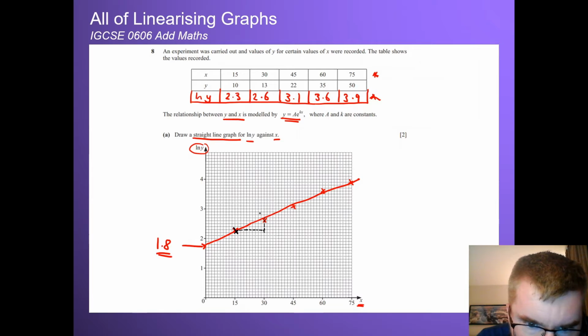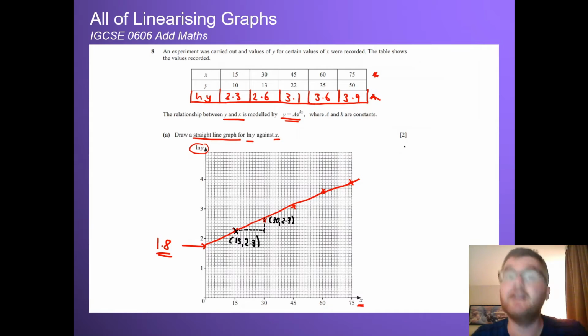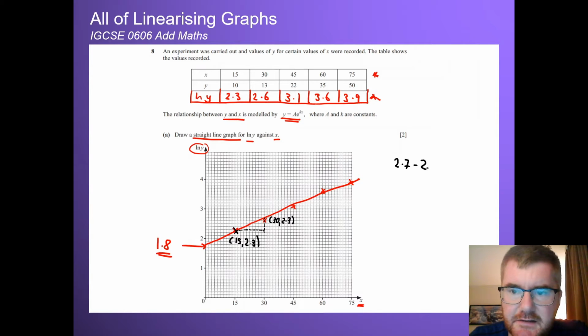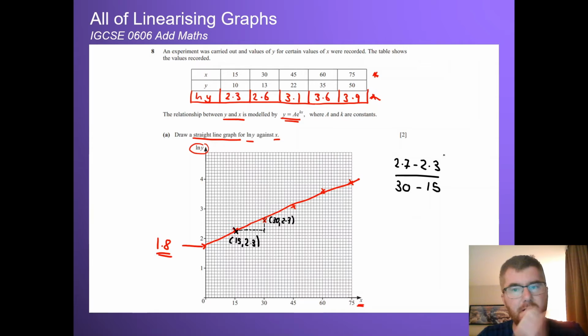Going above, so 2.7. I will say this is 15 and 2.3. And again, to work out the gradient, we know this from standard iGCSE, which is rise over run, y2 minus y1 over x2 minus x1, and x2 minus 15. Okay, so we can work out the gradient here.